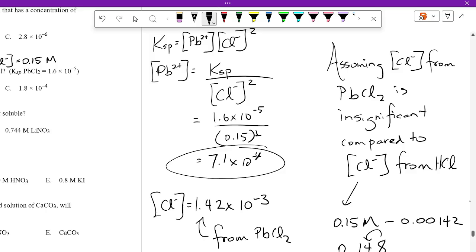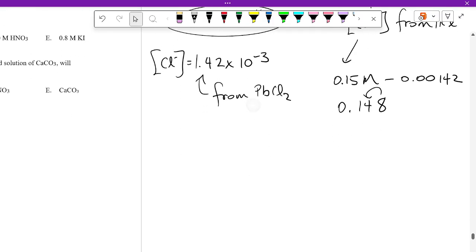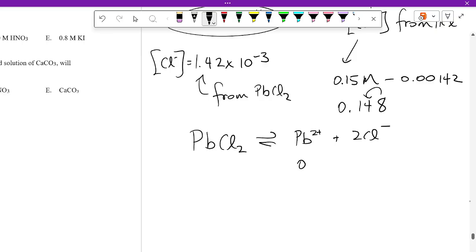Now, do you want to go through the whole thing and prove it? You could. You could be like, okay, I got lead chloride, PbCl2, Pb2+ plus 2Cl-, and I'm starting with 0, and I'm starting with 0.15, and then plus x, and that's going to be x, and that's going to be 0.15 plus x.